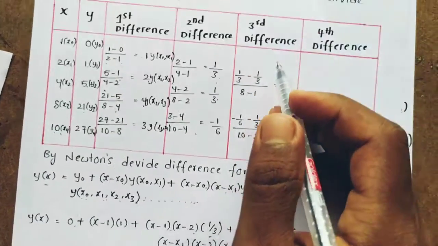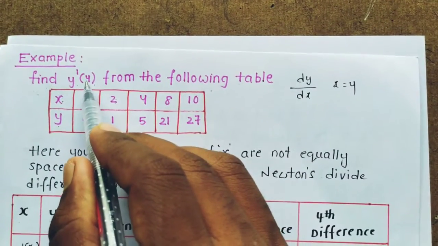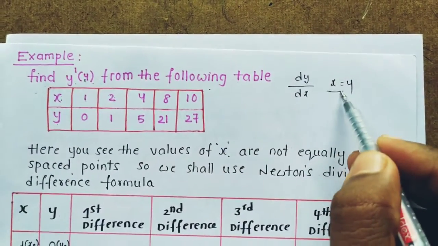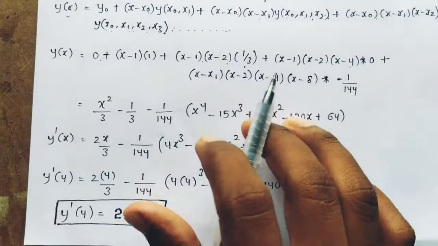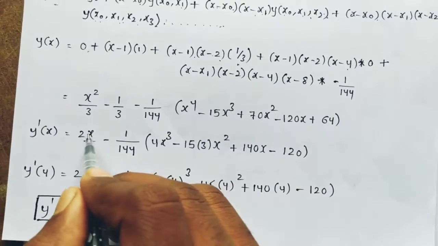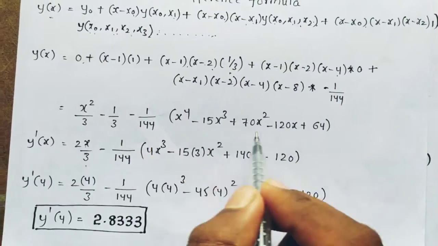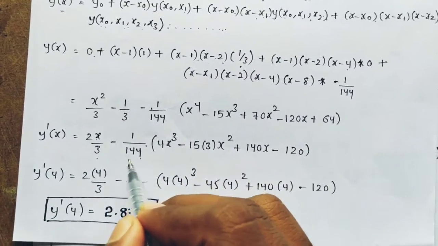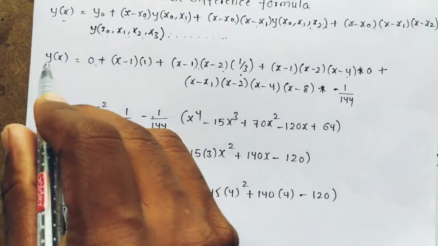Now substitute the value of x. The value of x is already given in the problem, y dash of 4, so x is 4. We substitute x in the polynomial, and by solving we get the result. y dash of x means the differentiation of y of x.